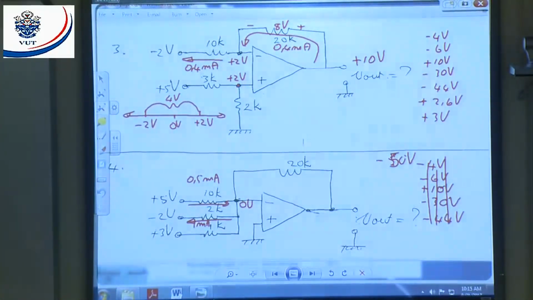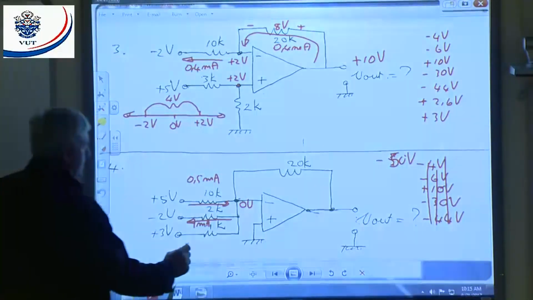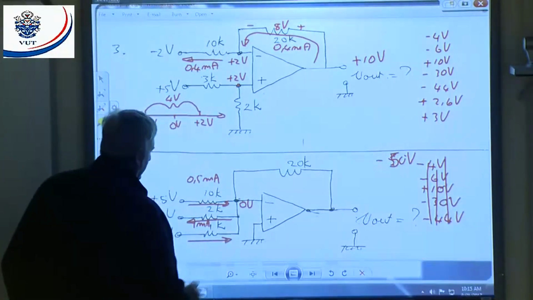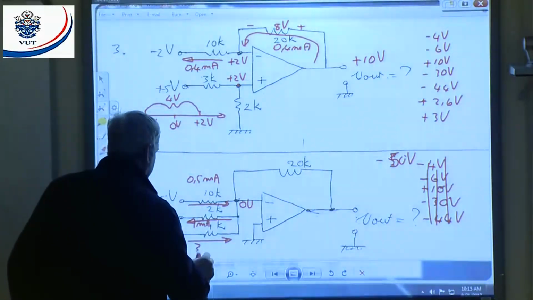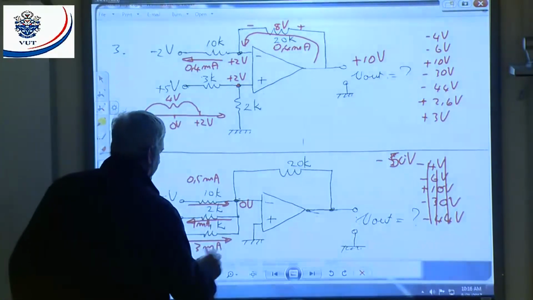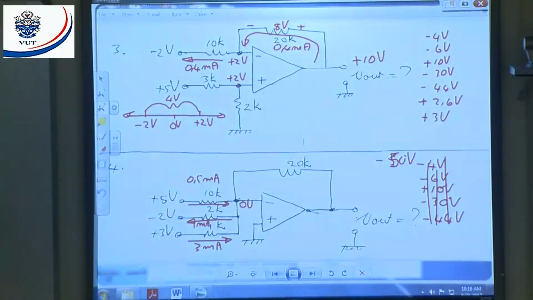The third one, I got 3 volts, and 0 volts at my summing point. That means this current is going to flow in that direction. 3 volts divided by 1K will give me 3 milliamps. The 3 and the 1 milliamp will subtract from one another. That means it will give me 2 milliamps.